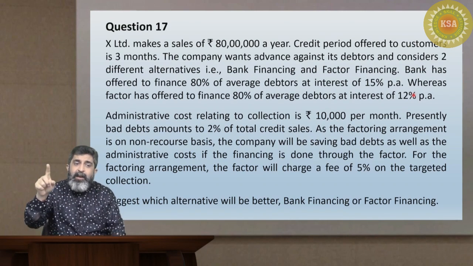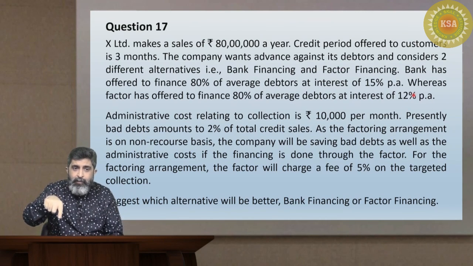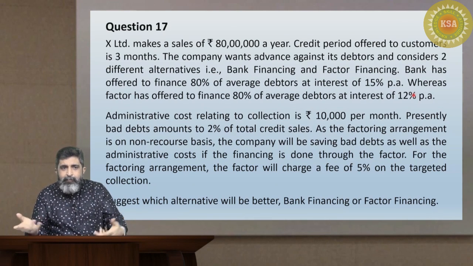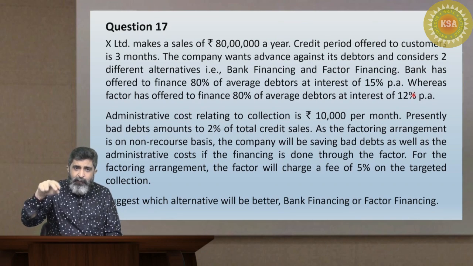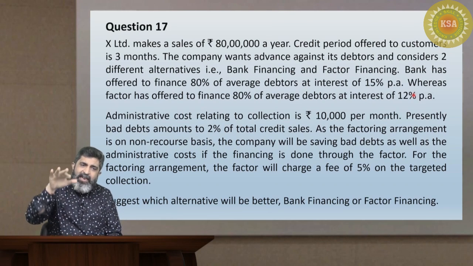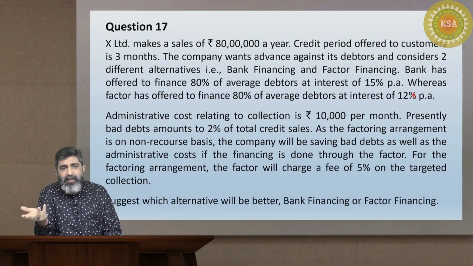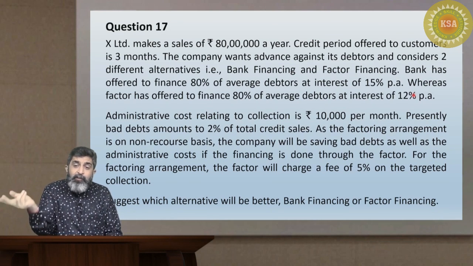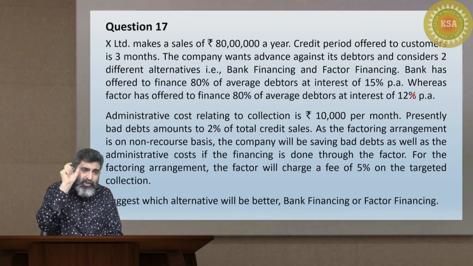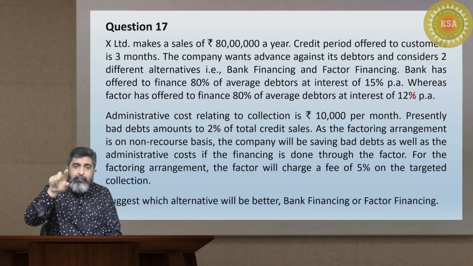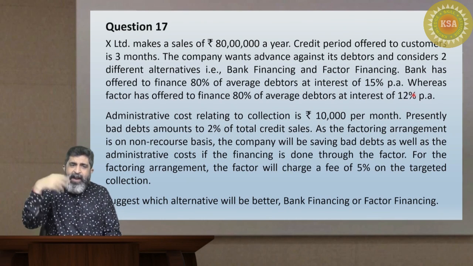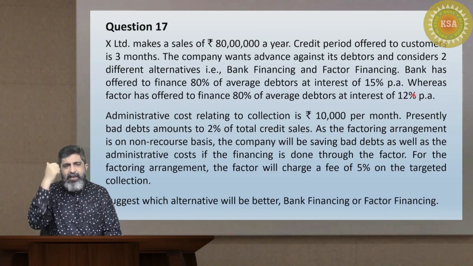Bad debts will arise only in the bank's column, because in case of the factor, bad debt loss is not arising for us. Factor fees arise only in the factoring arrangement, not in the bank's arrangement. Collection charges arise only in the bank financing, because in case of the factor, the factor is doing the collection work and we will not be incurring that cost.